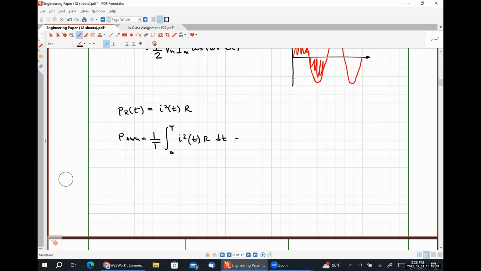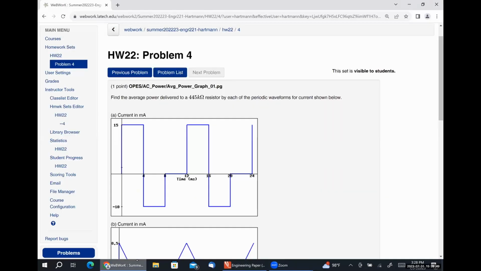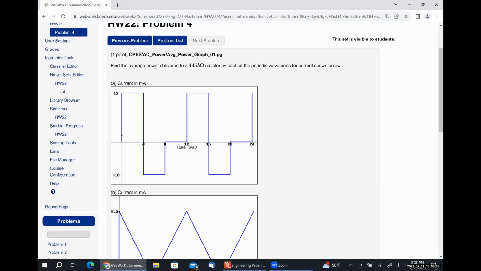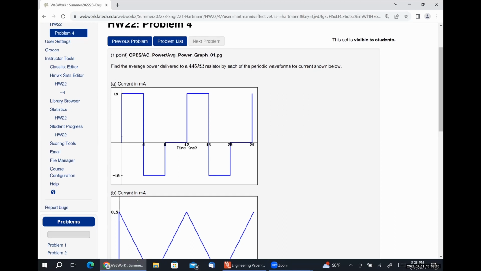Since the R is a constant, we can write this as R divided by T times the integral of I squared.